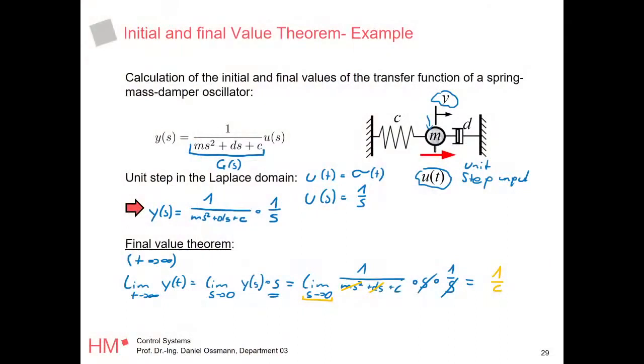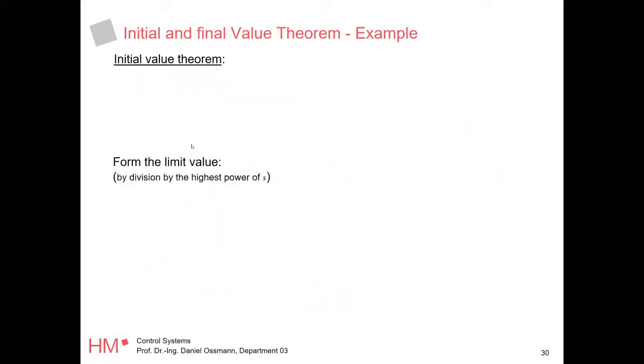So you know now what happens when you put in a unit step to our function. And remember, we did not solve any ODE, right? We just did some basic calculations. Now we could also say maybe we are also interested in what happens at t equals 0, right?